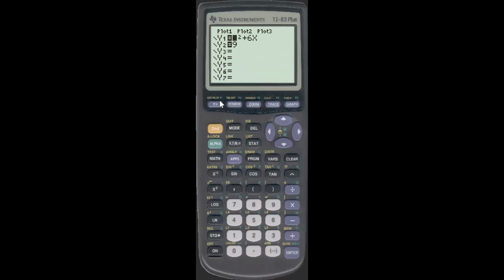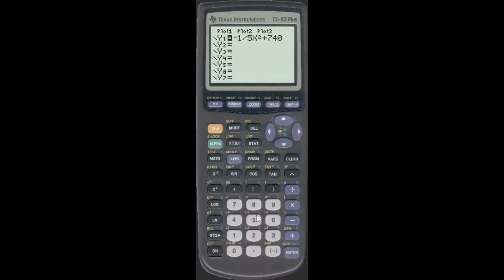When you go back, click on y equals. To do a negative, hit the negative button. Then 1 divided by 5, x squared, plus 740.